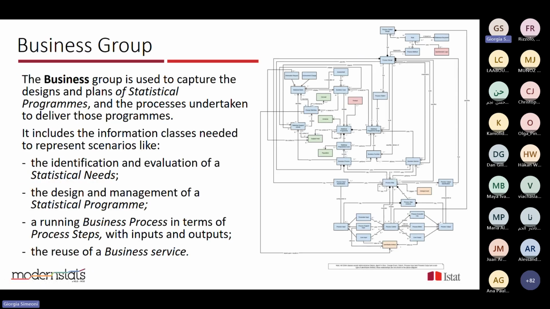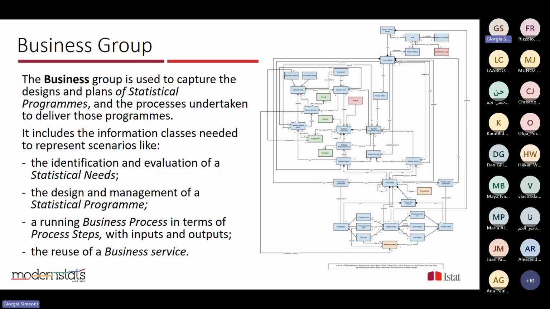First of all, GSIM is usually considered as a model, an information model to represent data and concept, population, variables, units, and classifications and data structures. But there is also the business group that is able to represent statistical programs and the process undertaken to deliver those programs.